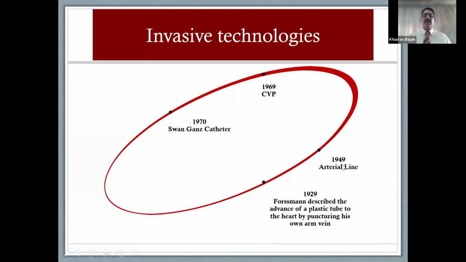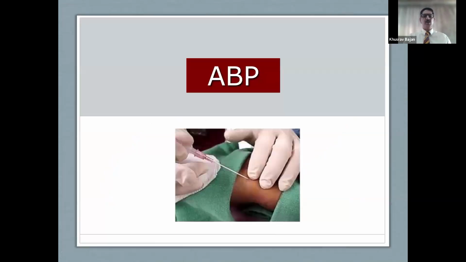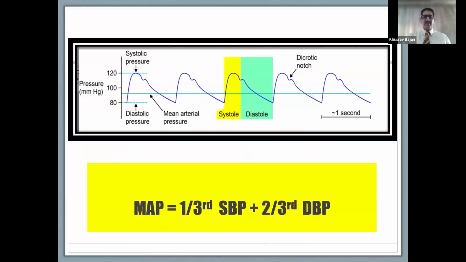Then came the arterial line in 1949, the CVP in 1969, and in 1970 the Swan-Ganz, two different scientists, but it is also known as the PA catheter. Arterial lines are important for us in the ER to monitor patients who are hemodynamically unstable.